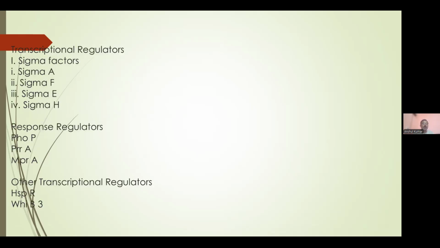Transcription regulators, some of which are called sigma factors, regulate the transcription of these proteins and regulate whether they will remain in a dormant form or whether they will synthesize further, converting from the DNA to RNA.